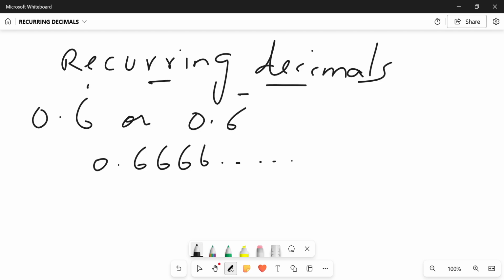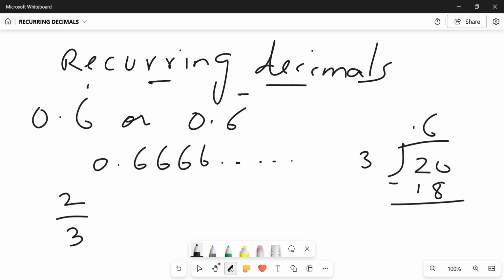So how did I get this 0.66666? The fraction is 2 over 3. If I divide 2 over 3, 3 will be outside and 2 inside. We need to make this 2 bigger by putting a dot on the top, and then I take 0. 3 6s are 18. 20 minus 18 gives us 2, and then we take 1 0 here.